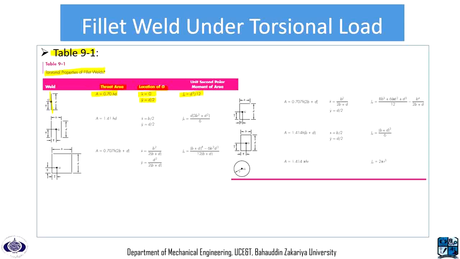Ju is used to find J, where J is 0.707 h Ju. Similarly, if the weld profile is like this, then this is going to be the throat area. The location of G can be found using x bar, y bar, and this is going to be the formula for Ju. And different profiles are available to us.